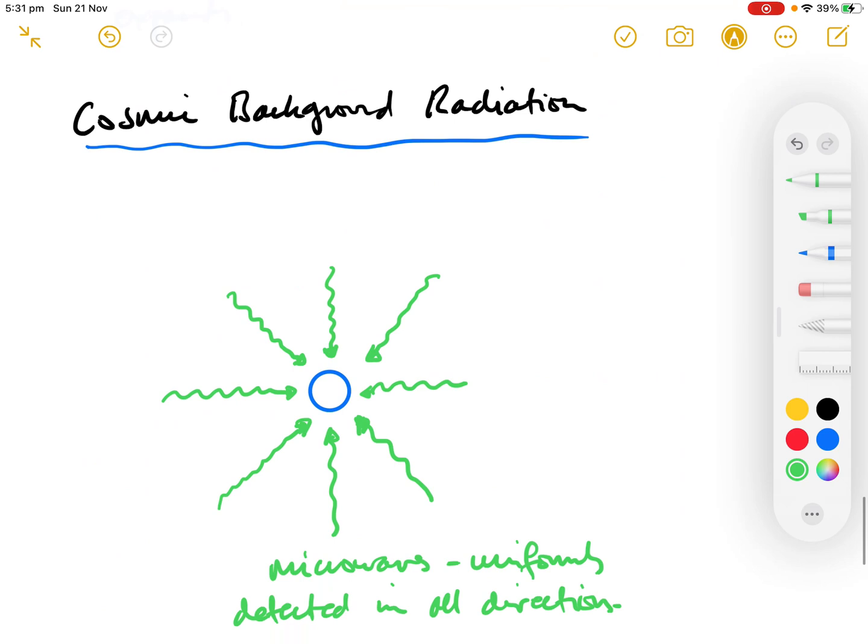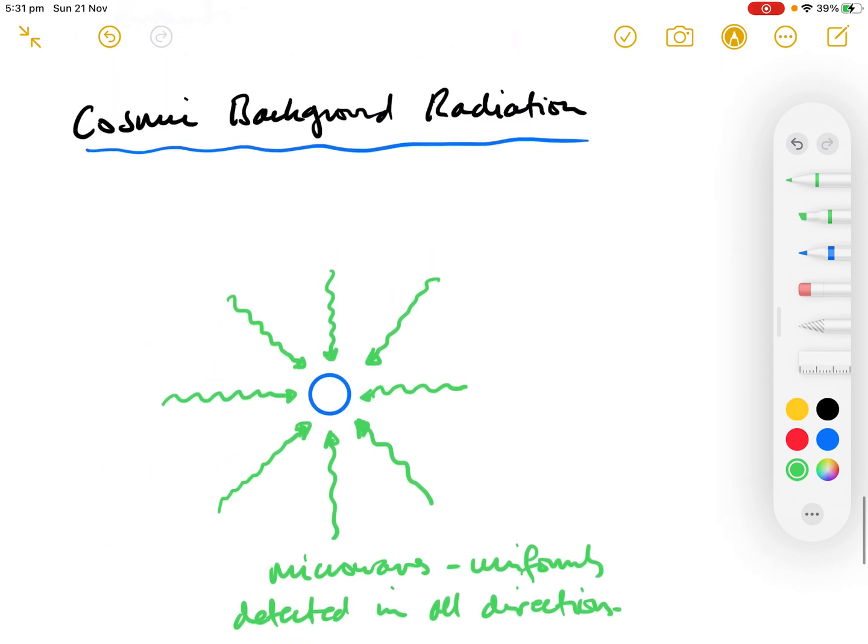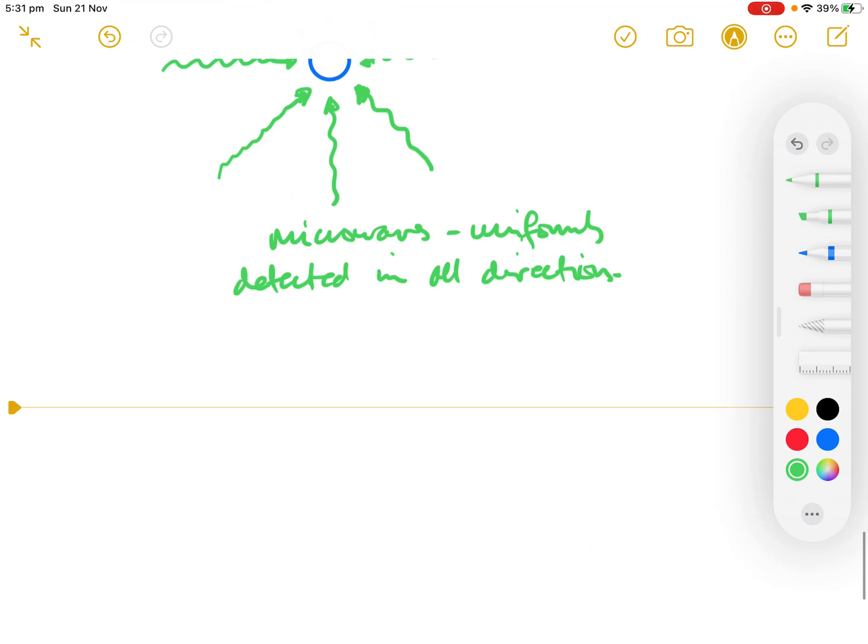And it turns out that it's called cosmic because it comes from all over the cosmos, and it's in the background all the time, this radiation.